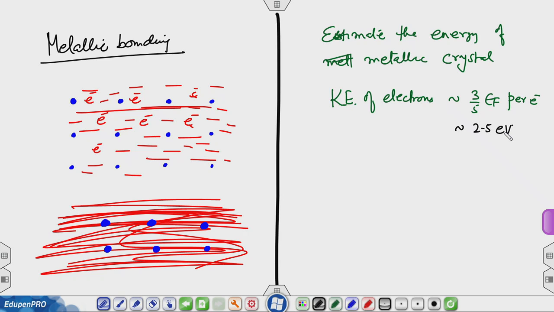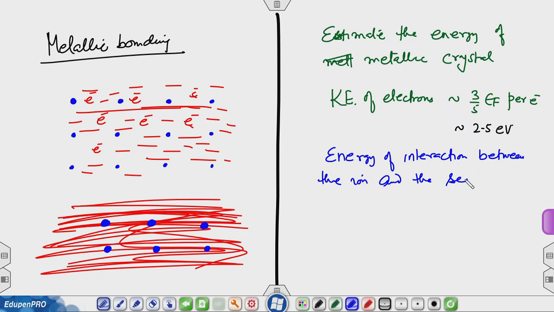Then you have energy of interaction between the ion and the sea of electrons.